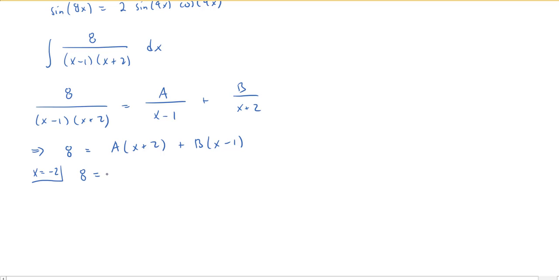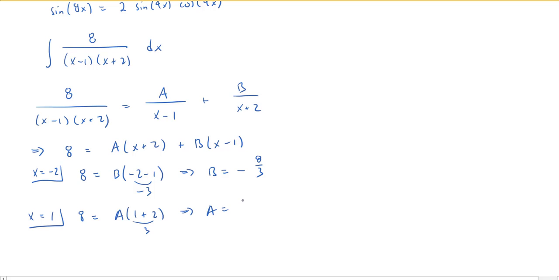We would have 8 is equal to, well, this first piece goes away, and we would have B times -2 minus 1. So this is -3, and so B is going to equal -8/3. And similarly, if we let x be positive 1, then we'll have 8 is equal to A times 1 plus 2, and then the second summand is going to be annihilated. That's a 3, and so A is equal to positive 8/3.